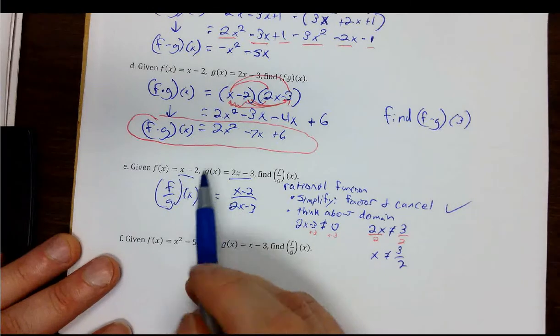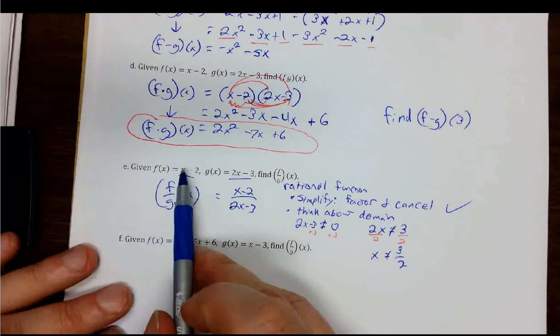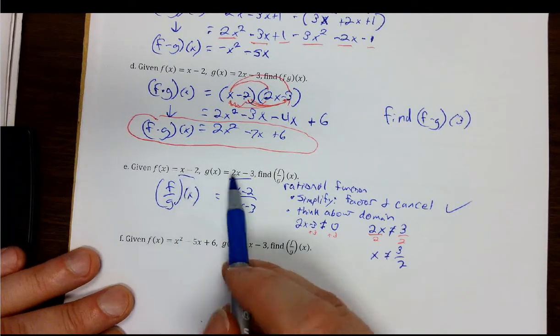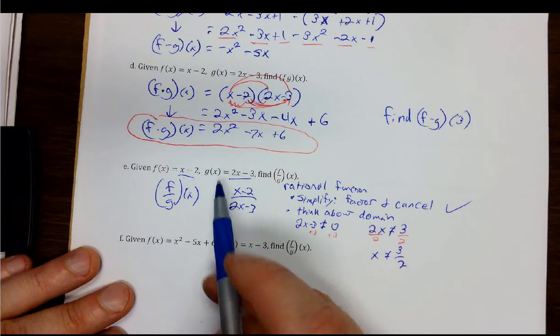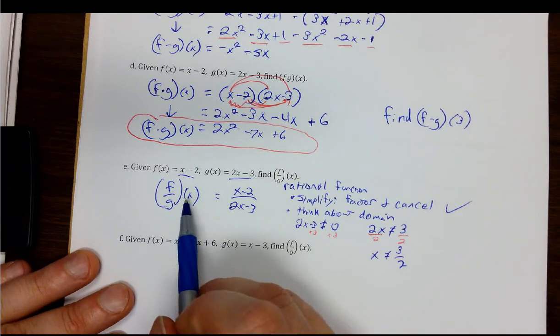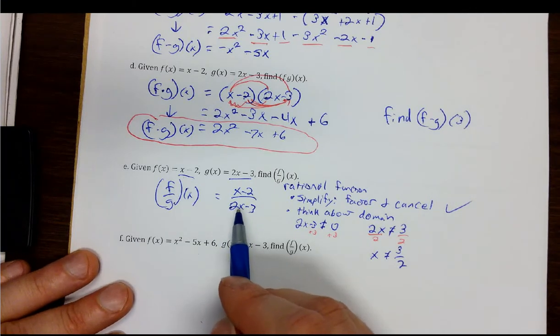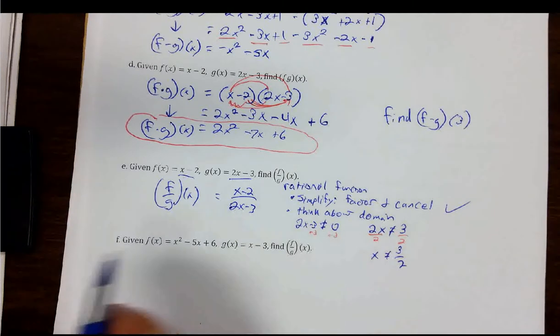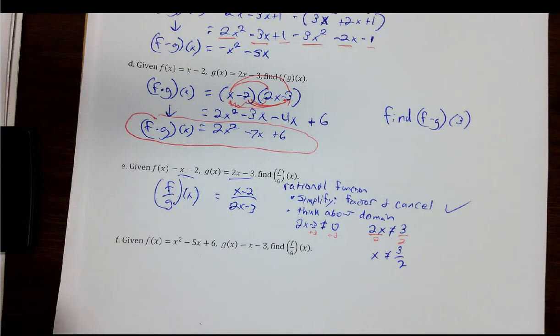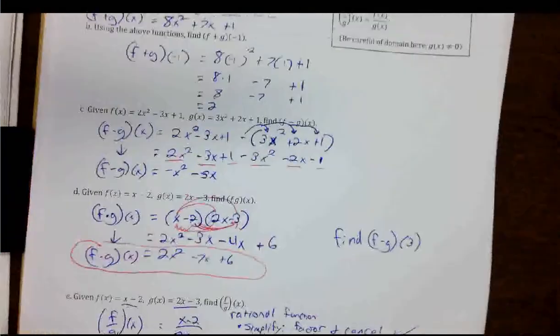So our original functions were fine. You know, I could plug in 3 over 2 right here. I could plug in 3 over 2 right here. But my new function, I cannot have x equal to 3 over 2. That would cause this to be dividing by 0. It would cause this to be dividing by 0. So an important thing to keep in mind, we'll look at that later.